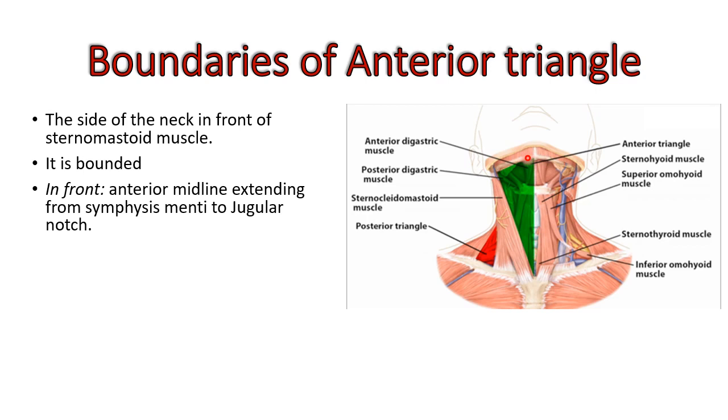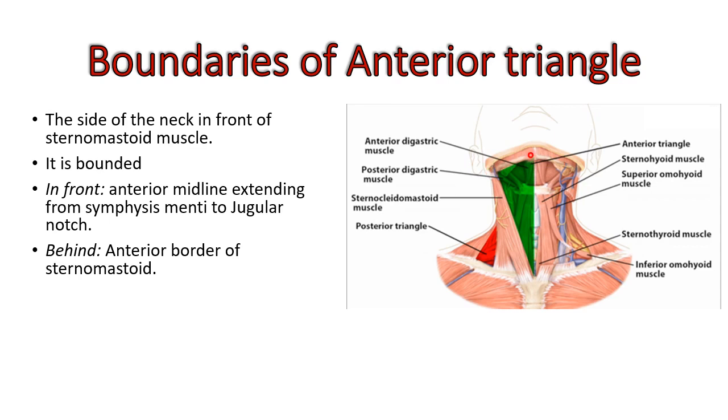The base is formed by the lower border of the body of the mandible and the angle of the mandible, and from the angle an imaginary line extends up to the mastoid process, or superior nuchal line.